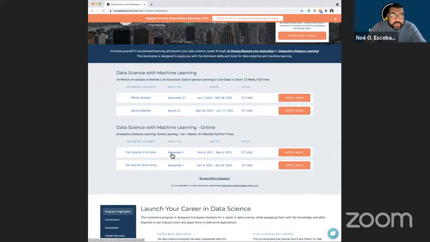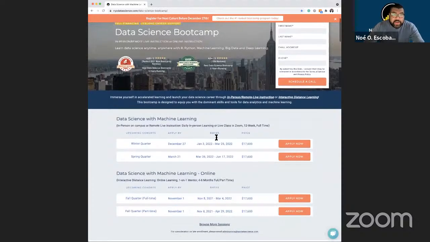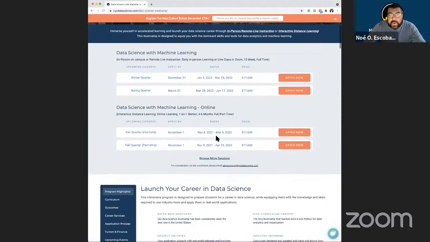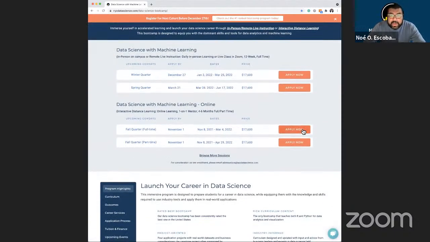And then lastly, and surely not least, we have our part-time option, which is our 24-week option. So that will run from November 8th through April 29th and has the same application deadline of November 1st. So that's a little bit in regards to the upcoming cohorts. It's as simple as clicking apply now, submitting an application.